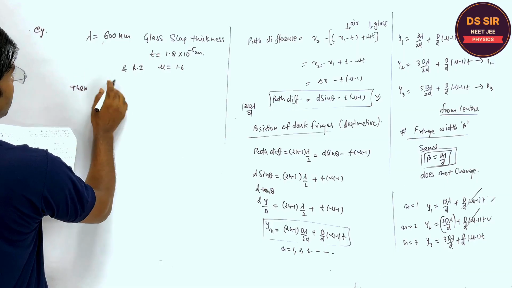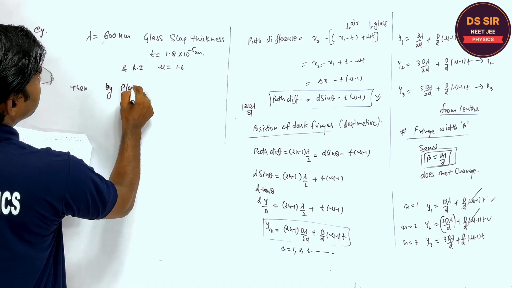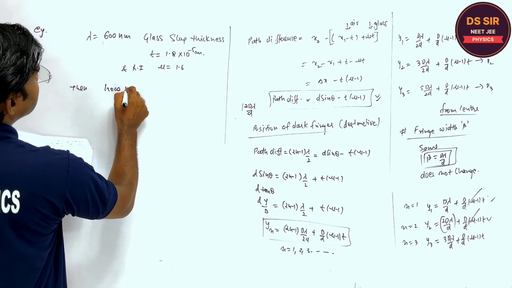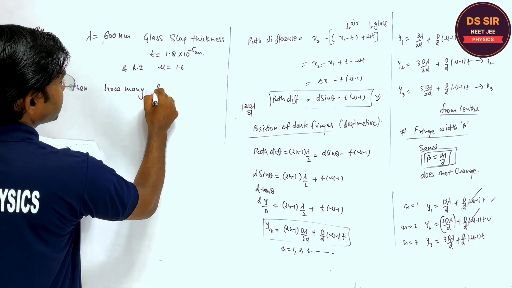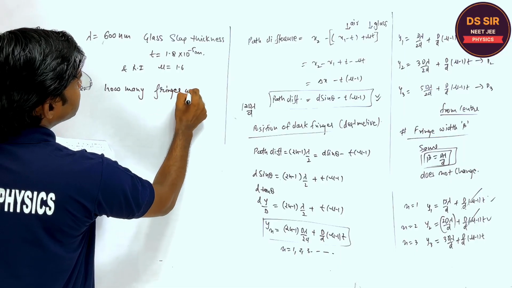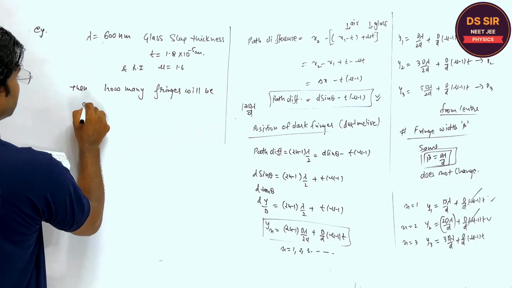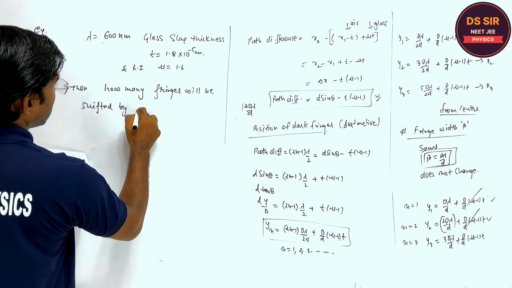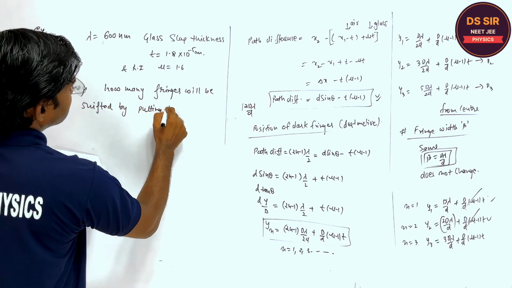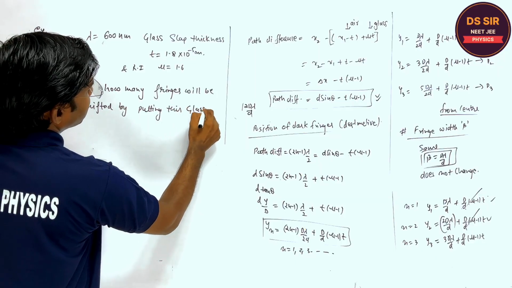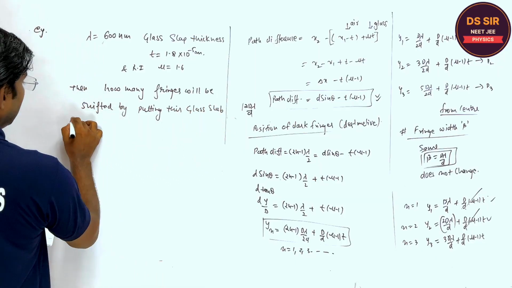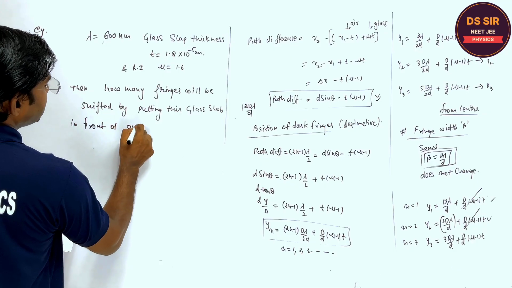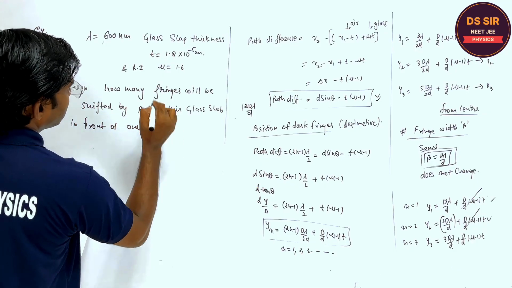Then by placing this, how many fringes will be shifted by putting this glass slab in front of one slit, right?